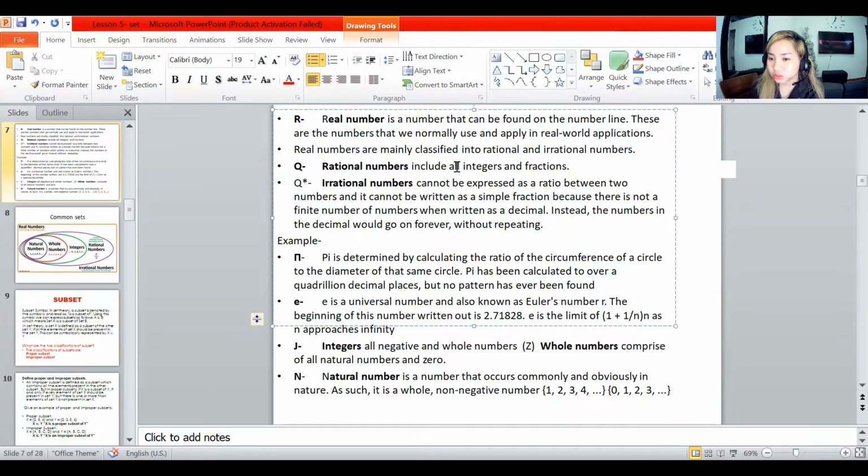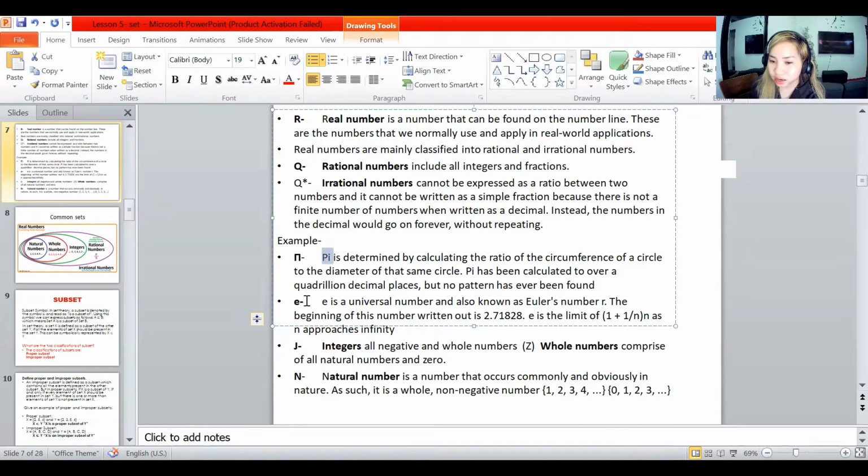So, rational number includes all the integers and fraction. For the irrational numbers, ito po yung cannot be expressed as a ratio between two numbers and it cannot be written as simple fraction. Example po nito is yung pi natin.